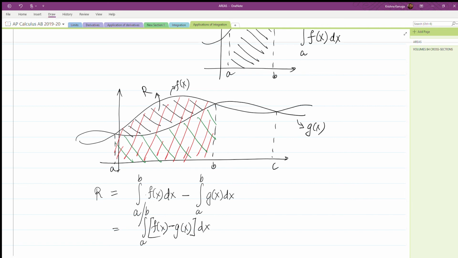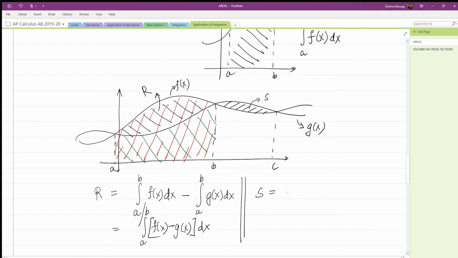On the other hand, if we are interested in finding the area of region, say S here, where the function g of x is the upper function and the function f of x is the lower function, we can use the same idea with one slight difference.